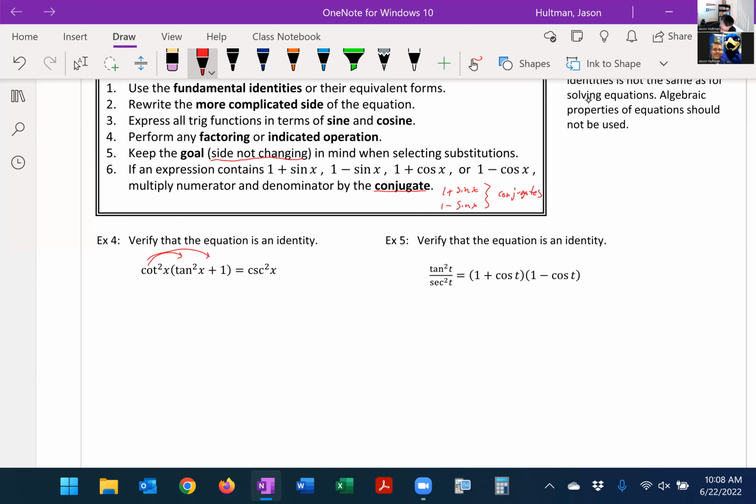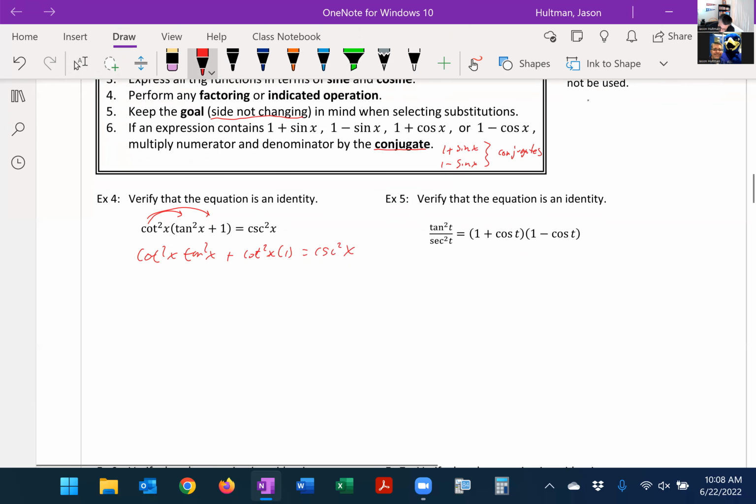So cotangent squared x times tangent squared x plus cotangent squared x times 1, is equal to cosecant squared x. Now cotangent squared x is going to be 1 over tangent squared x.